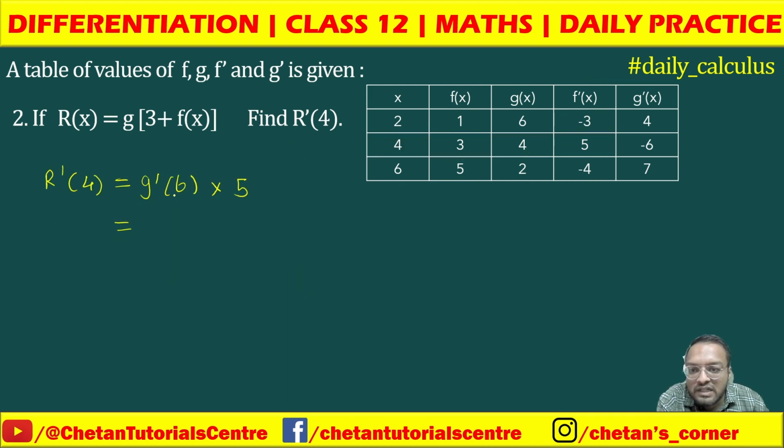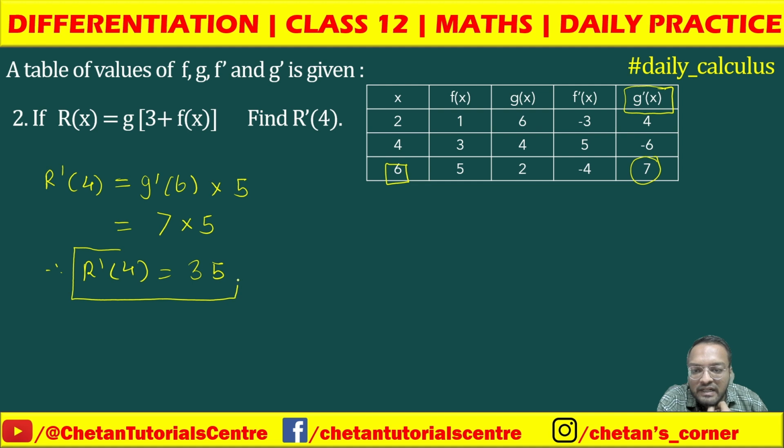The value of g dash of 6 means it is the value of the function g dash of x at x is equal to 6. The value of g dash of x at x is equal to 6 is 7. So we will put that 7 over here, 7 into 5. Therefore, r dash of 4 will be 7 times 5, which is 35. So in this way, we have calculated the value of r dash of 4.